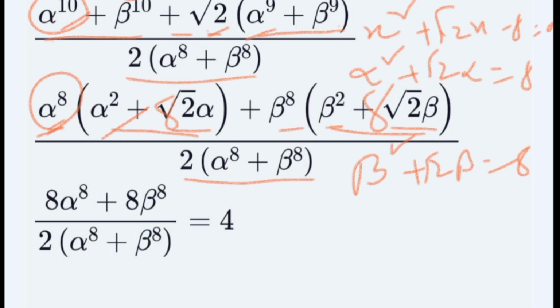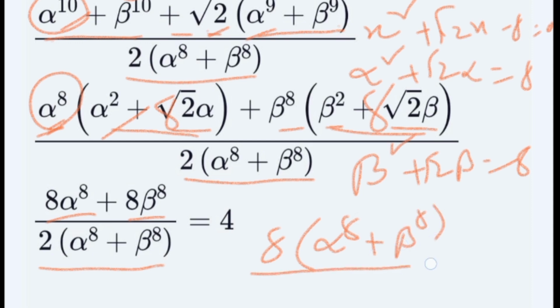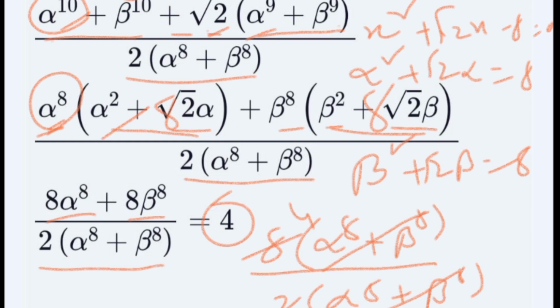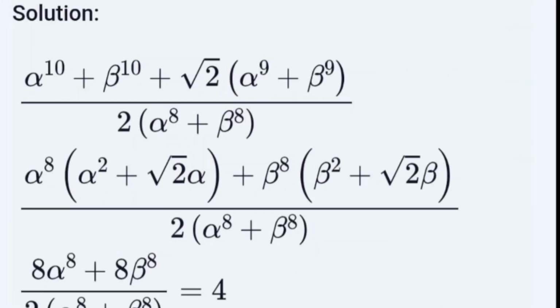So here 8 alpha power 8 plus 8 beta power 8 by 2 into alpha power 8 plus beta power 8. Now 8 is common. Now alpha power 8 plus beta power 8 by the same, 2 into alpha power 8 plus beta power 8. Both get cancelled. 2 ones are 2, 2 fours are 8, the answer is 4. This is very easy from Newton's identity.